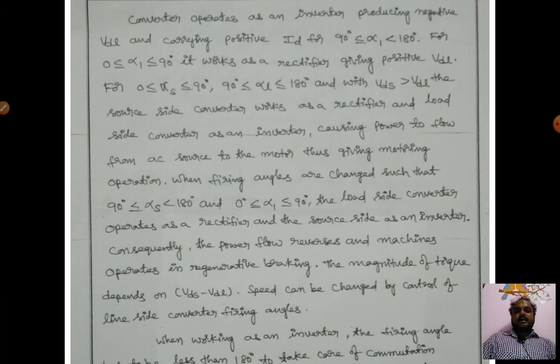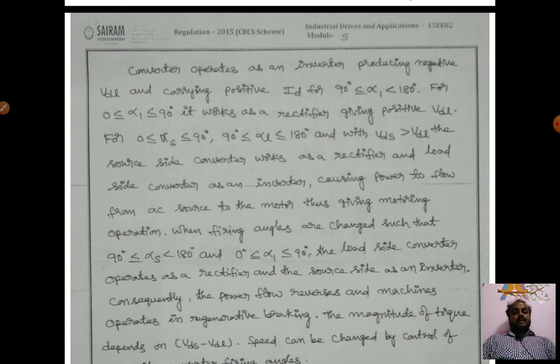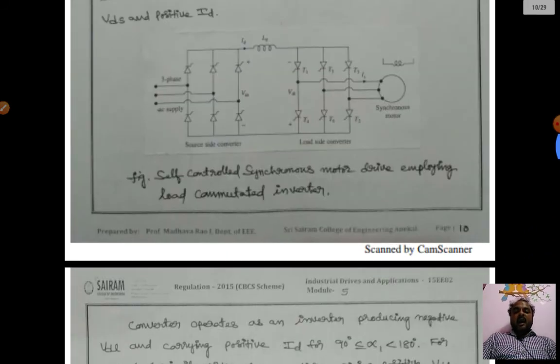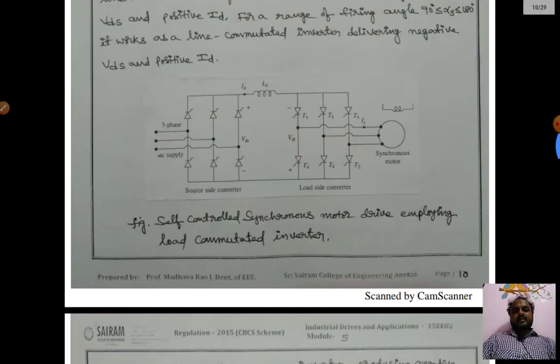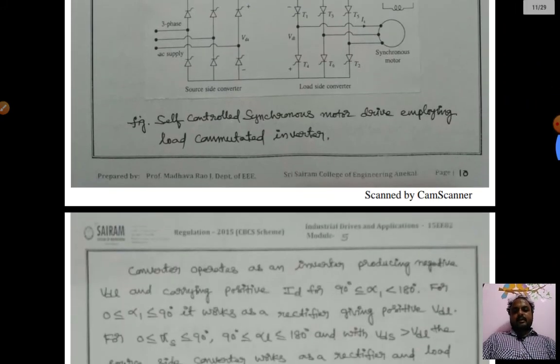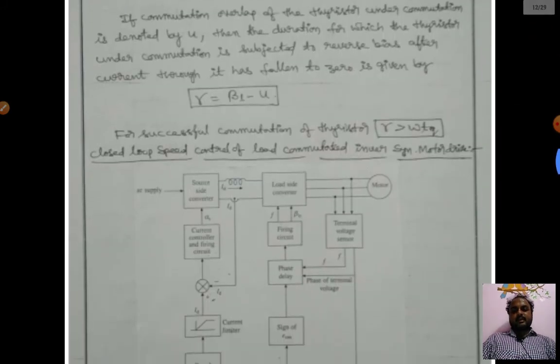This is inverter mode. For rectifier mode, 0 less than or equal to alpha 1 less than or equal to 90 degrees. So when the angle is between 90 to 180 degrees, it acts as an inverter, and between 0 to 90 it acts as a rectifier. So this is about self controlled synchronous motor drives employing load commutated inverter.